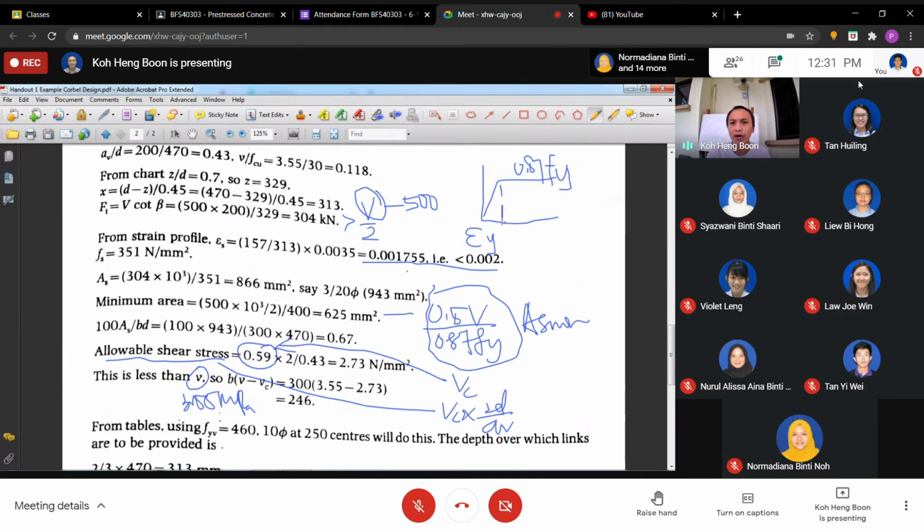And this is the value of this value. Now this value you get is somewhere here. So now you can proportion to get the stress, which is this value divided by this value multiplied by 0.87 Fy, Fy 460. So you get 351.